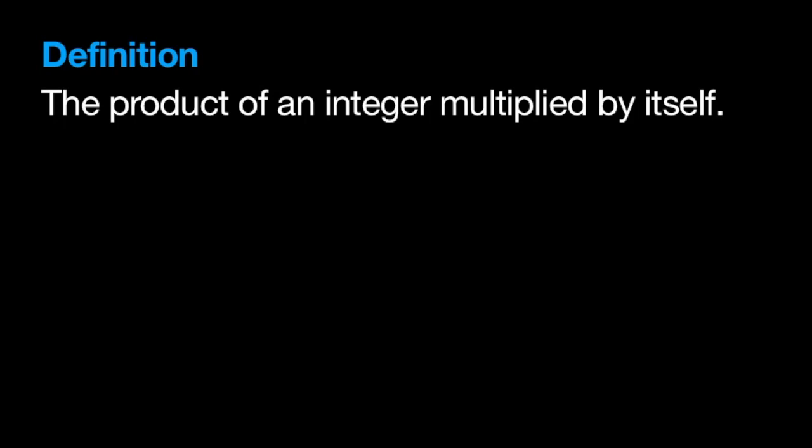So if you have a whole number such as 4, you're going to multiply 4 times 4, and that will give you 16. So 16 is your perfect square because it's the product of 4 times 4.